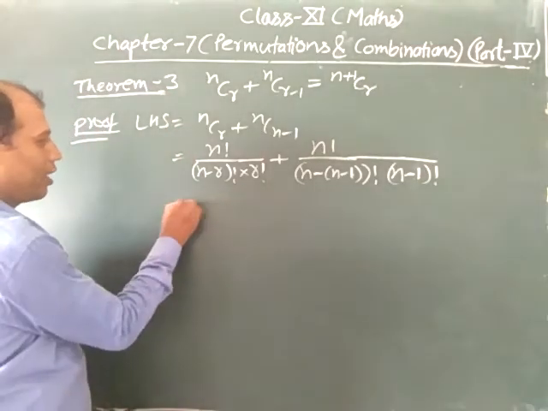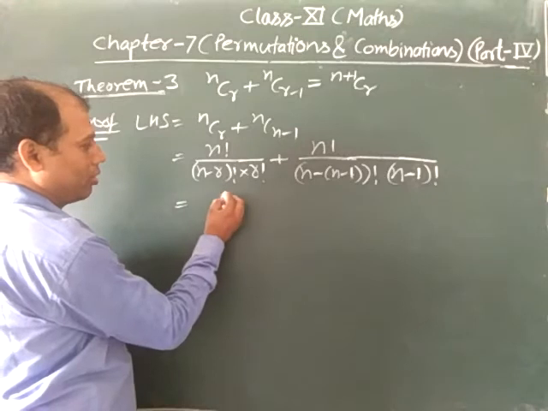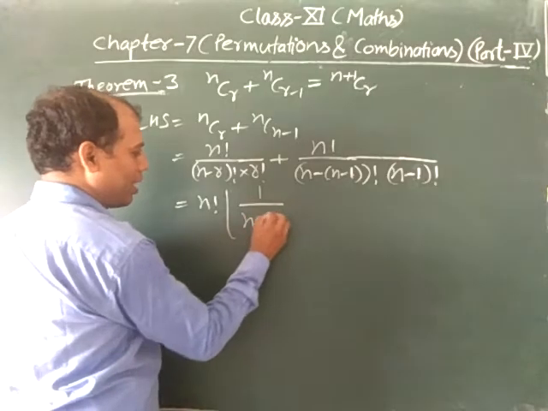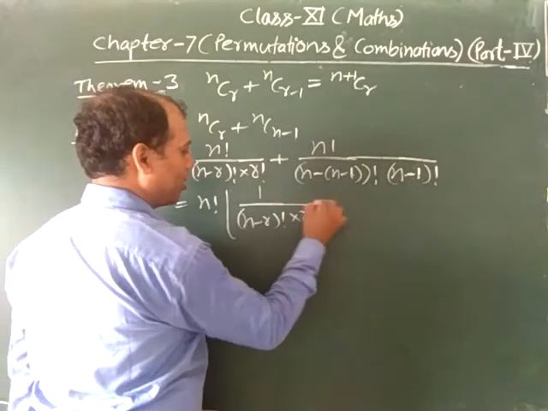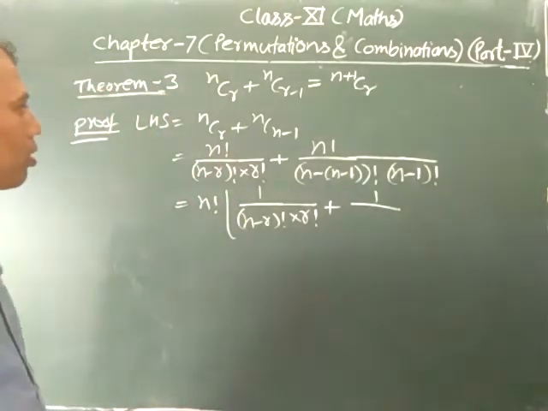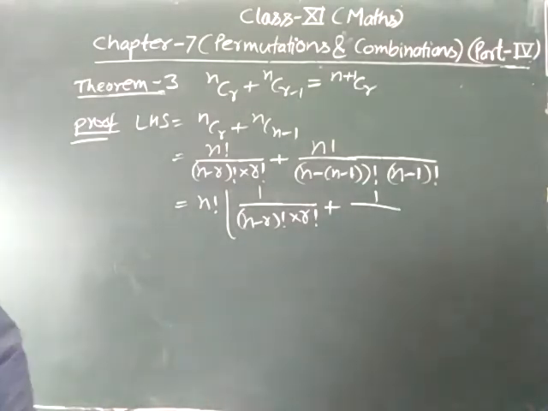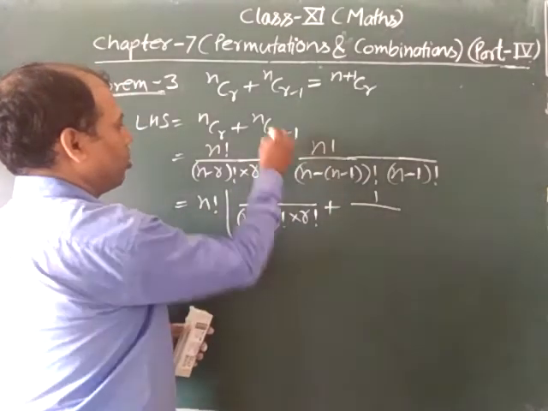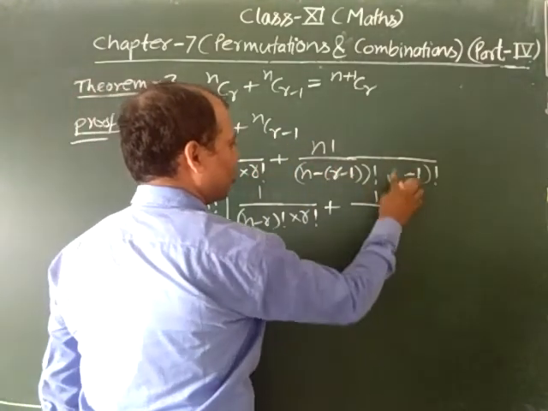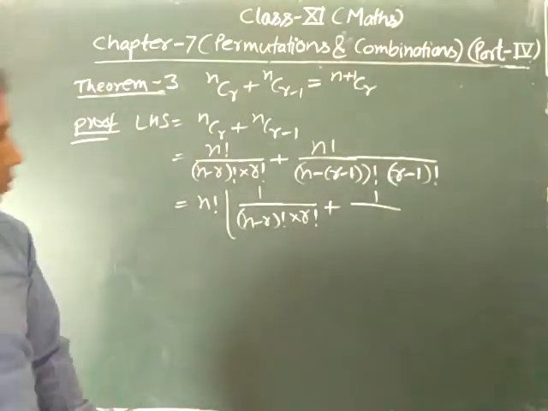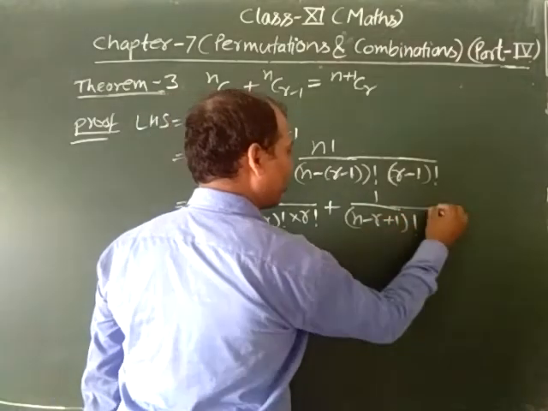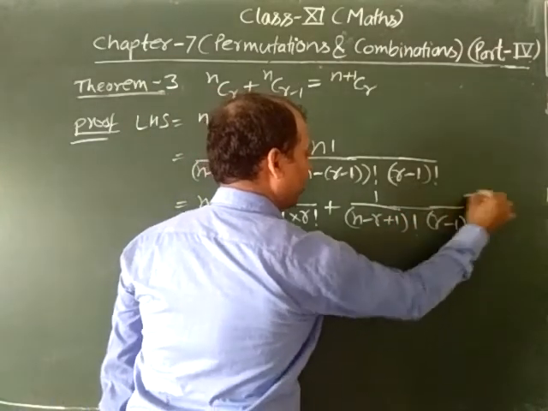From here we can take factorial n common. This becomes factorial n minus r into factorial r plus 1 upon, there is also some mistake here, there is r. So this becomes n minus r plus 1 factorial, r minus 1 factorial.